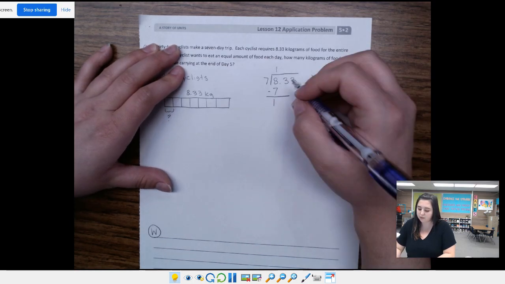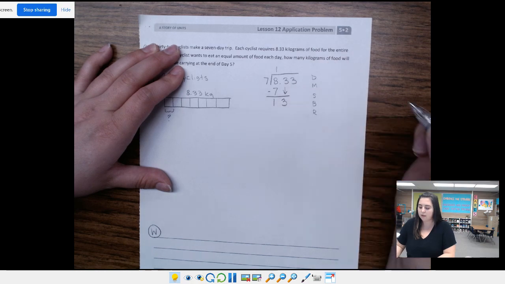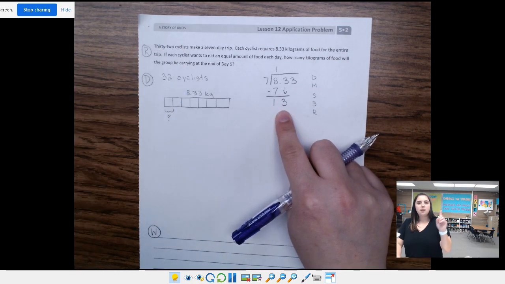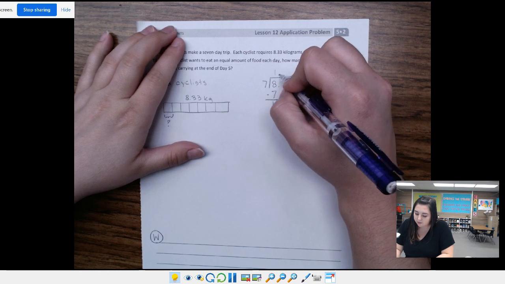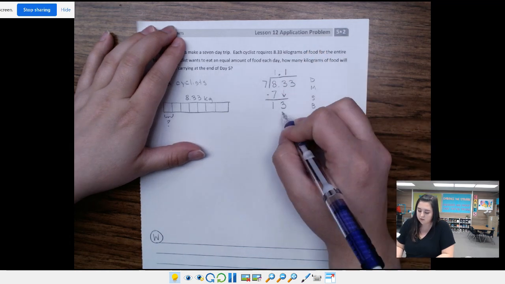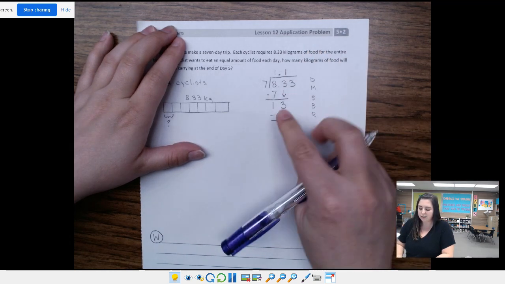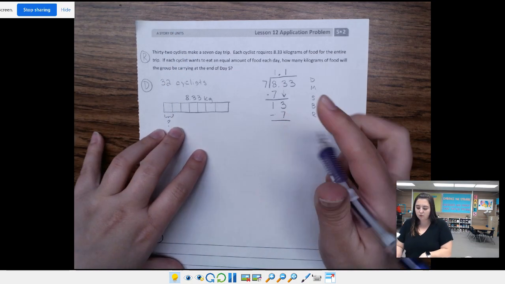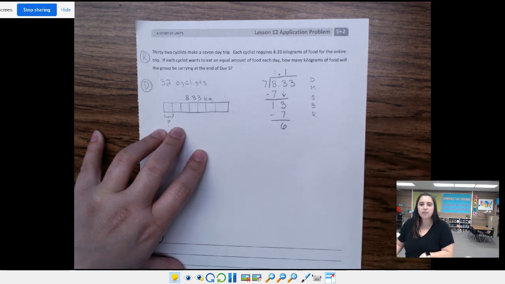Just subtracted, so bring down. How many times can 7 go into 13? 7, 14. Oh, no, 14 is too much. So just 1 time again. Don't forget that decimal. So I still only got to 7. 13 minus 7 would be 6.